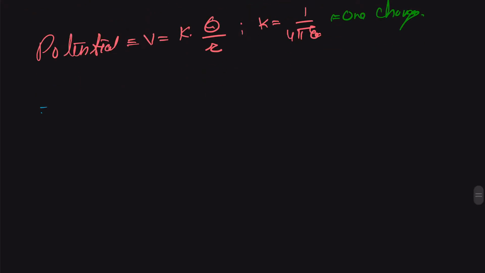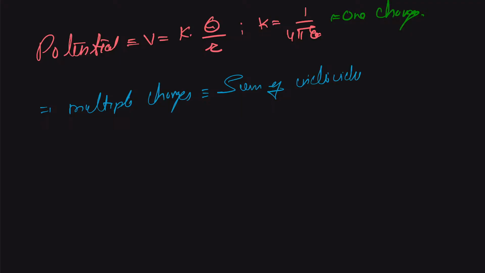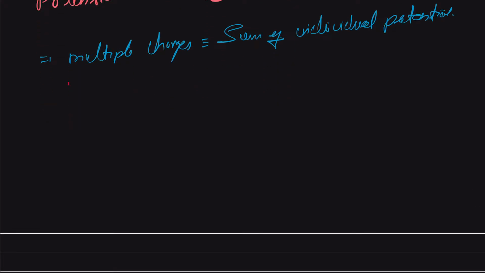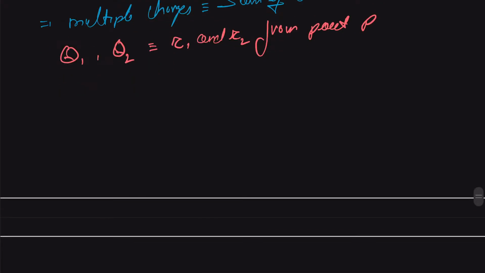Now if we are having multiple charges, we are going to use the basic superposition, that is the sum of their individual potentials. So if you are having two charges, one is Q1 and the other is Q2, and they are respectively at distances R1 and R2 from a point P, therefore we can say that potential at point P will be equal to potential because of charge 1 and potential because of charge 2.